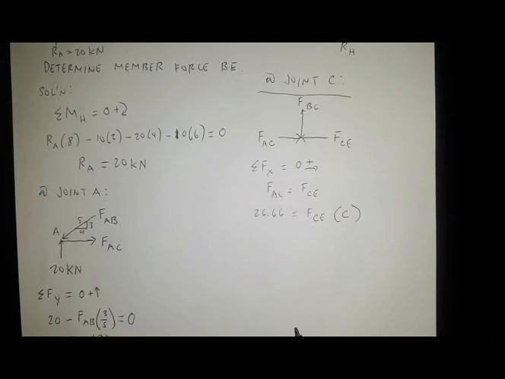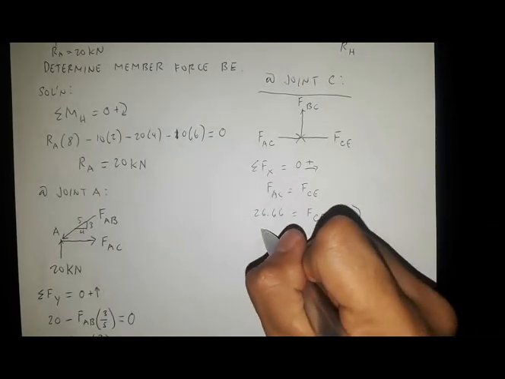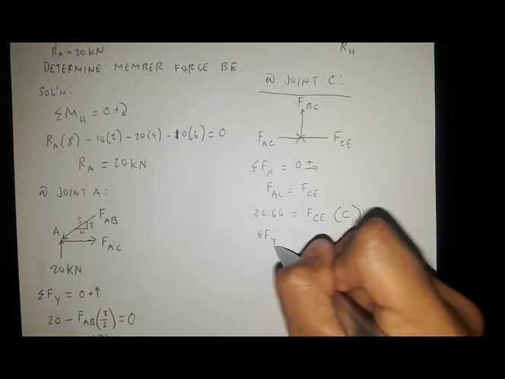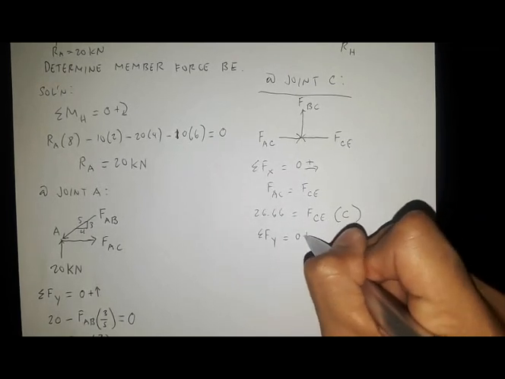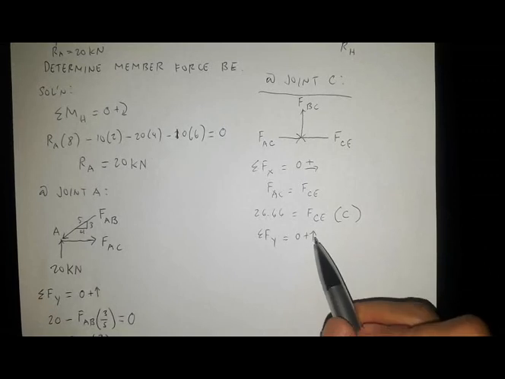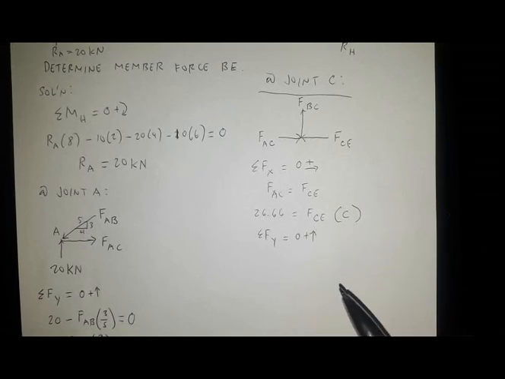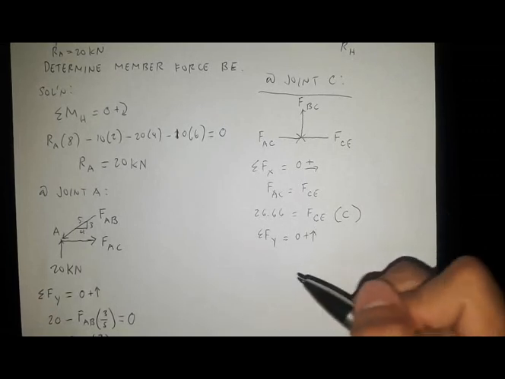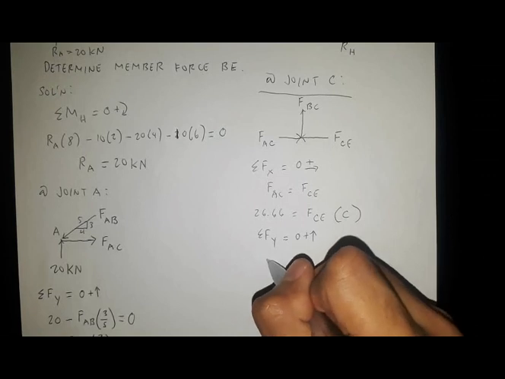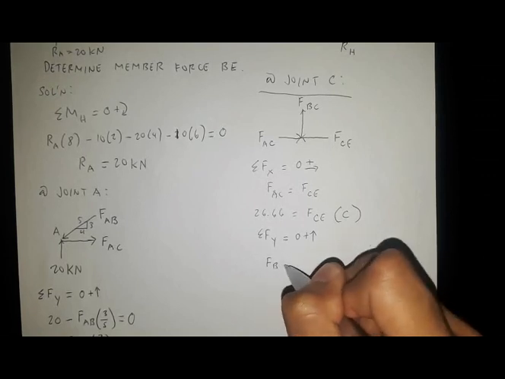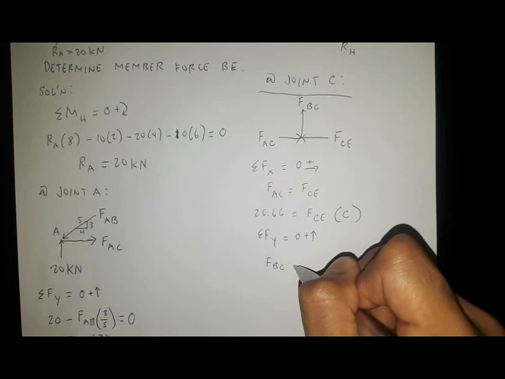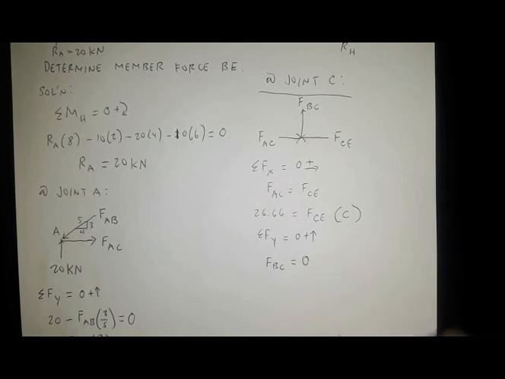Compression. Summation of forces along y direction is 0, positive, going up. So we have FBC equals 0.